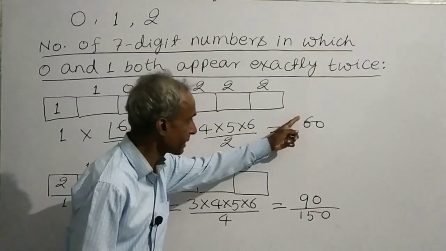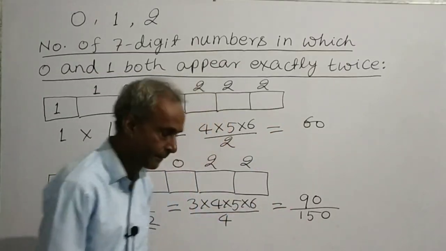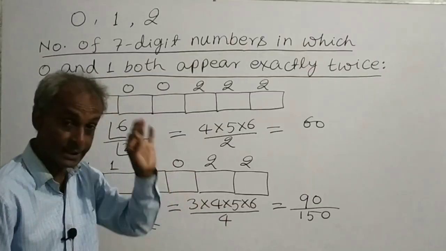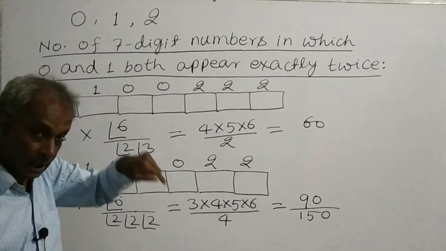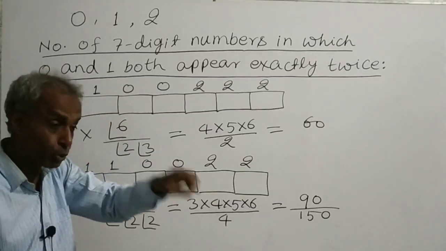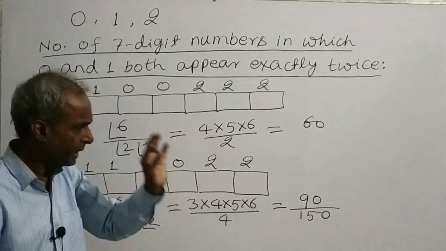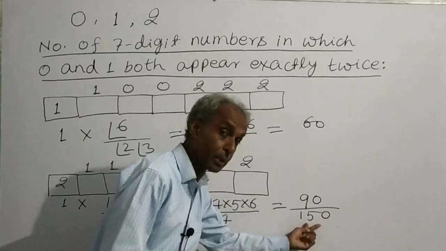If we add this 60 and this 90, we get 150. That means the number of 7-digit numbers in which 0 appears exactly twice and 1 also appears exactly twice is 150.